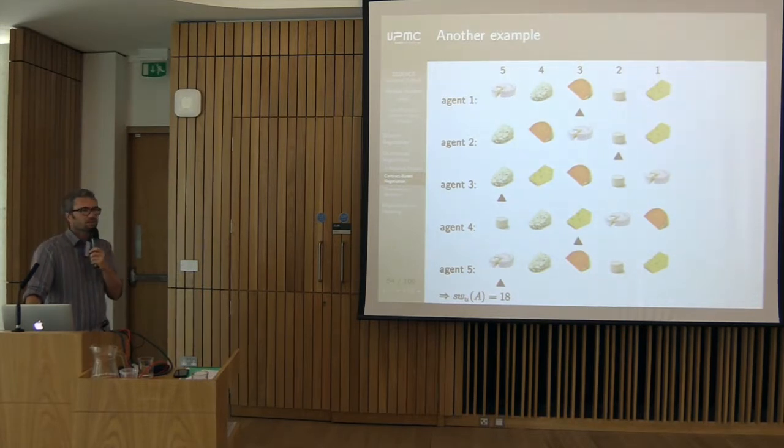So what can we say about this protocol in the end? Is it good or not? And is it the case in the first place that we reach a Pareto optimal allocation?